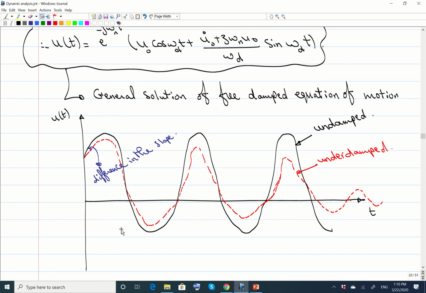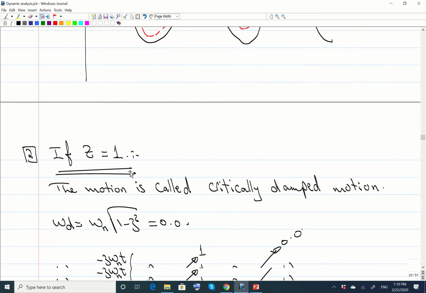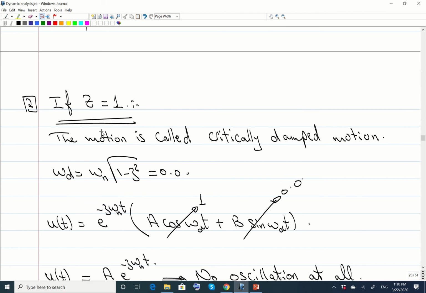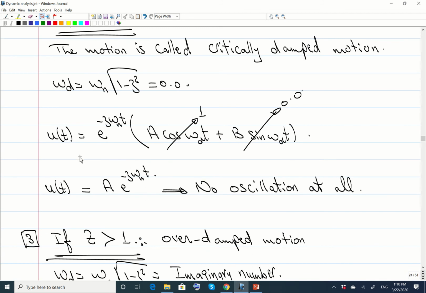smaller frequency. Okay, so now what if zeta was equal to 1? If zeta is equal to 1, omega d is equal to omega n multiplied by square root of 1 minus zeta squared, so 1 minus 1 is 0. So omega d is 0, so u of t is e to the negative zeta omega n t, a cosine 0, which is 1, plus b times sine 0, so actually you end up with a e to the negative zeta omega n t.